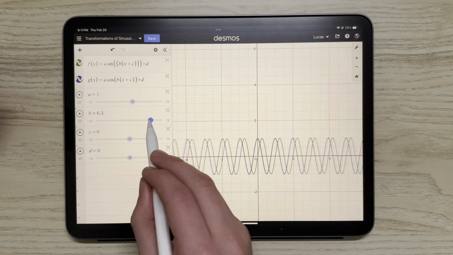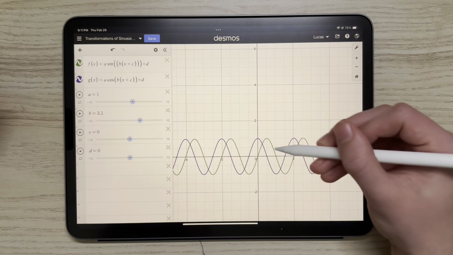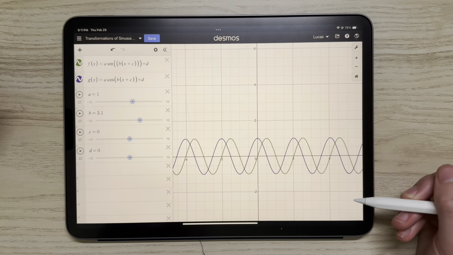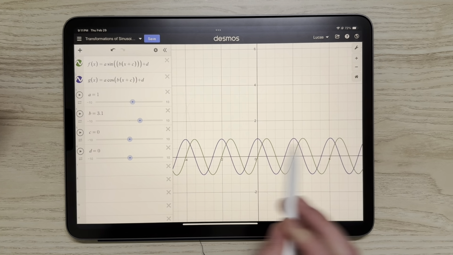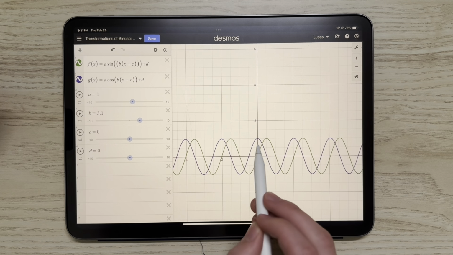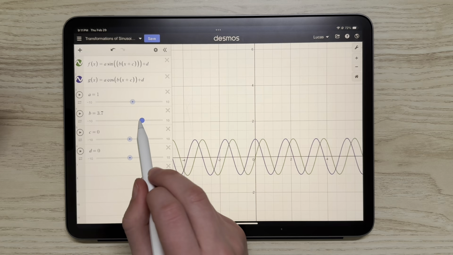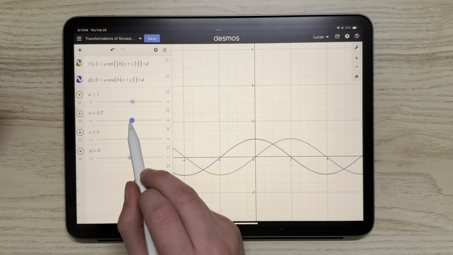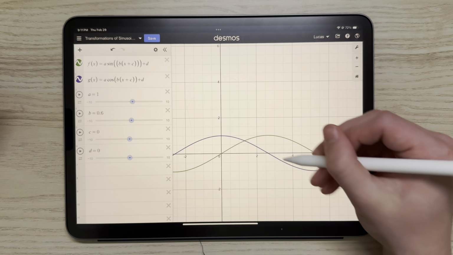I like to think of horizontal stretches as: as b gets bigger, it's wiggling faster. That means the period gets smaller, because if you're going faster, then this gets squished. And if b gets smaller, then the period gets bigger because you're going slower.